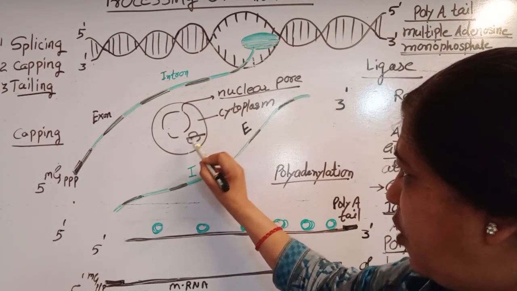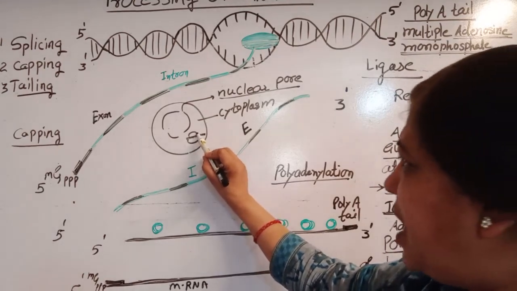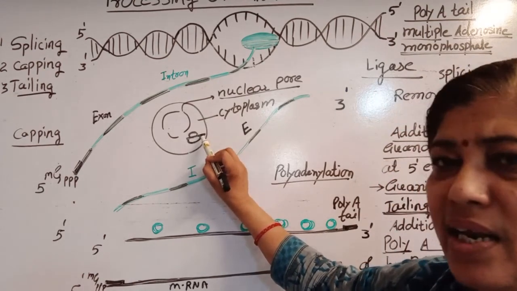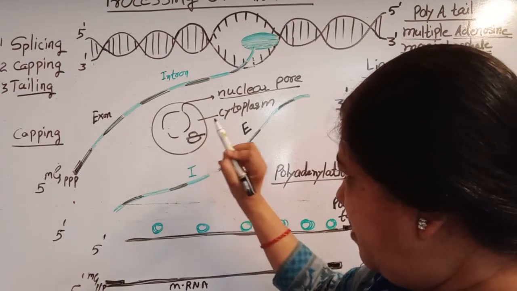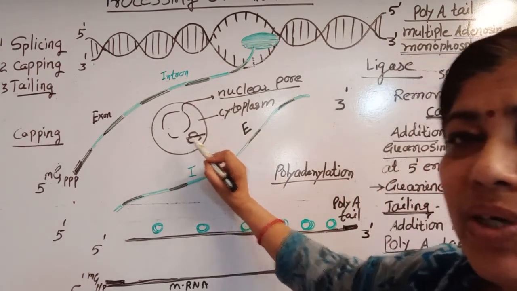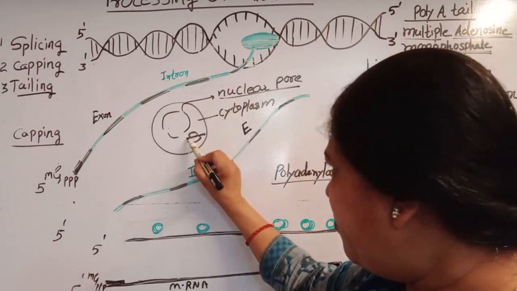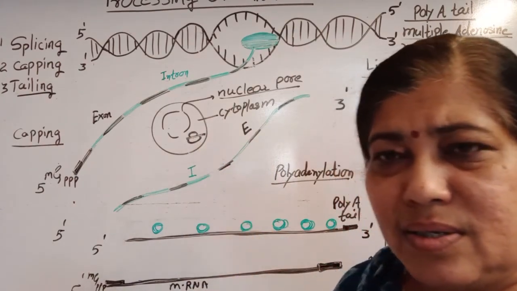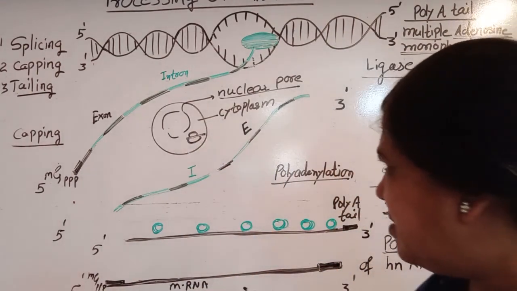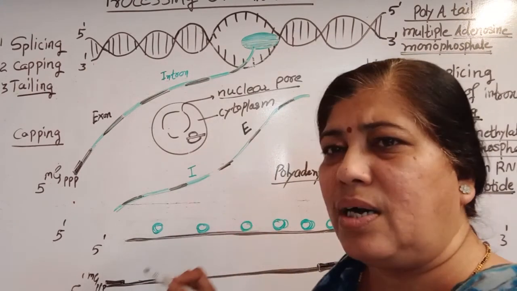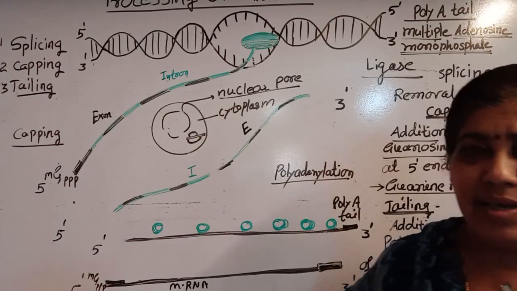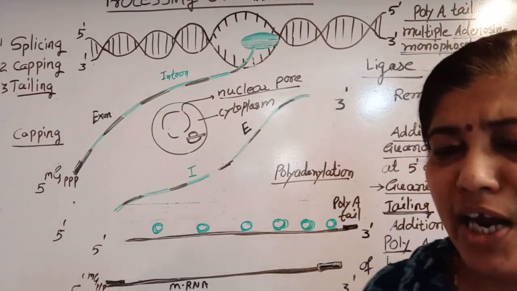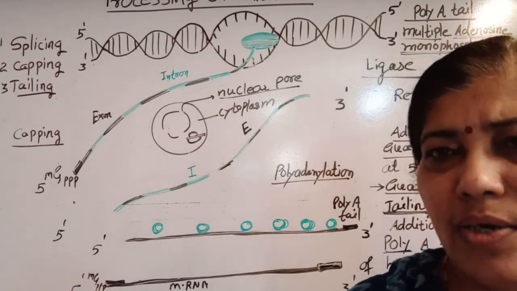For this, proper arrangement and attachment of messenger RNA to the ribosome, and translation of the genetic information of messenger RNA into protein, are all very important, and for this the poly A tail is very helpful. So here we have completed processing of hnRNA, that is the primary transcript, and in the next period we will discuss the topic genetic code.